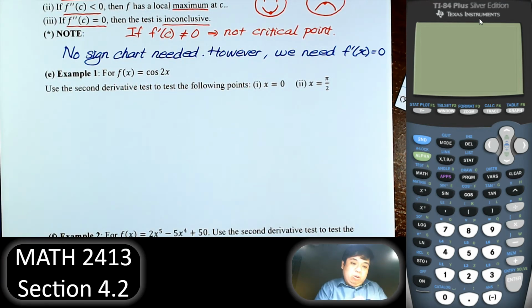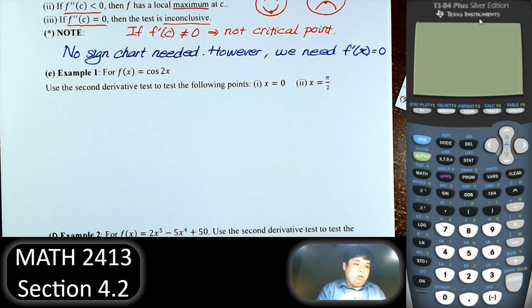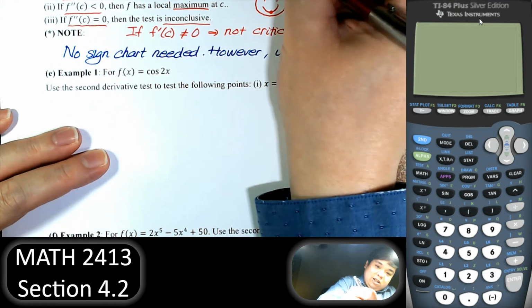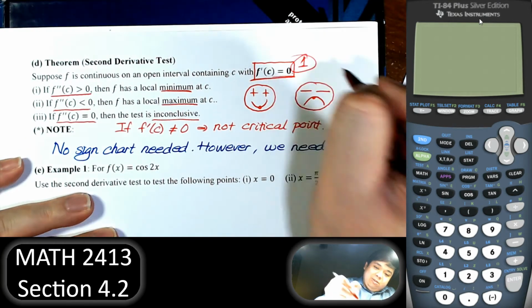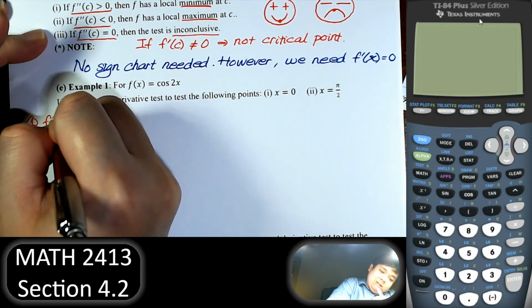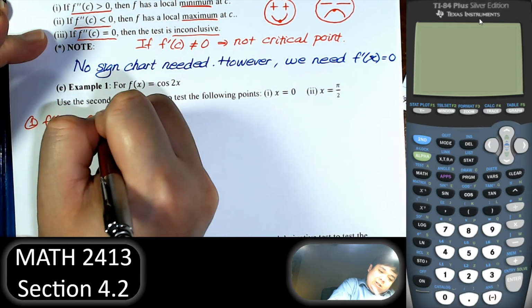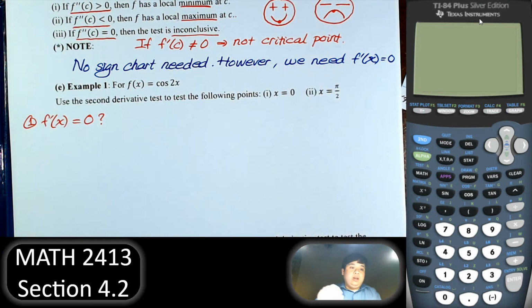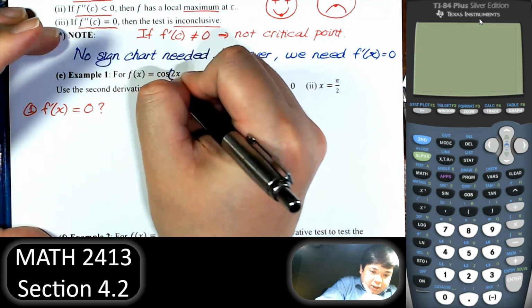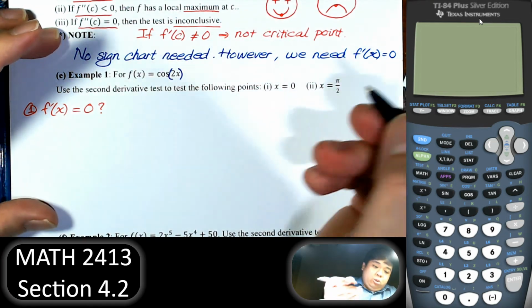Now, use the second derivative test to test them. By the way, we still need to do this first. This is the first step. So we take the derivative of this. I will use the chain rule.